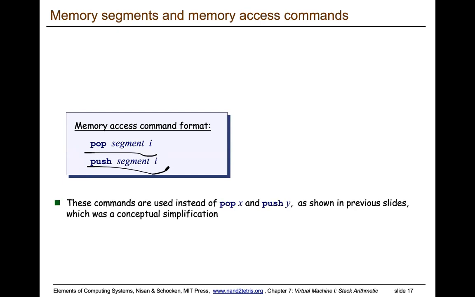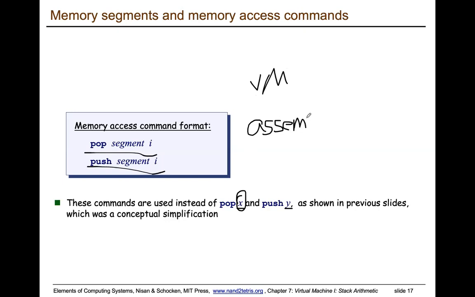These commands are used instead of pop X or push Y because the virtual machine doesn't know where X is, where Y is. Remember that our virtual machine is on top of the assembler. So the assembler is below.